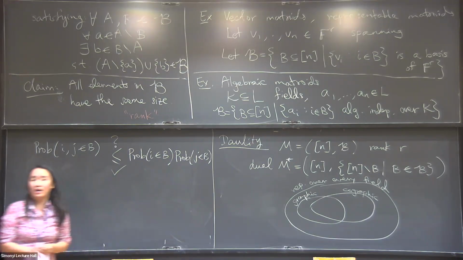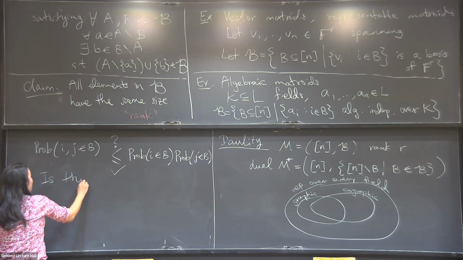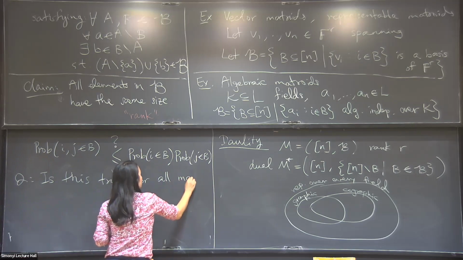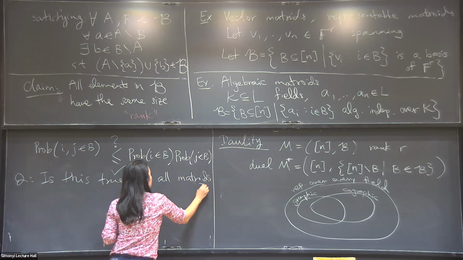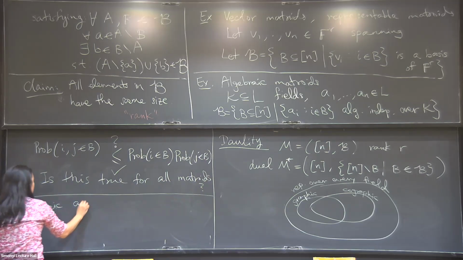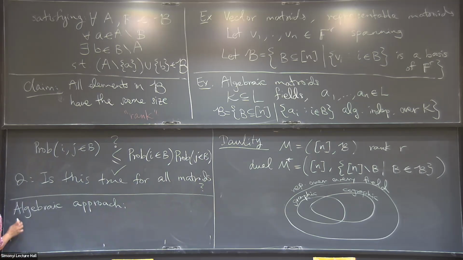So we're going to approach this algebraically using generating polynomials. So the question is, is this true for all matrices or all graphs? Algebraically, we're going to associate a polynomial to the matrix, the basis generating polynomial.